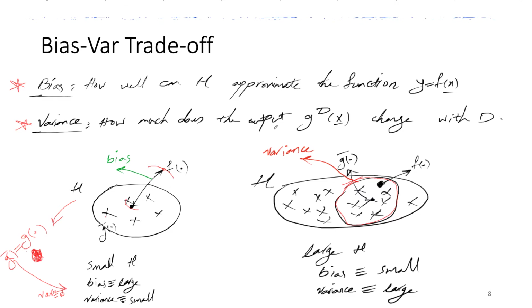In this case, your g is very likely to be close to f because you have a larger area here. But on the other side, your variance would be large, and it's the size of this region. Okay, is that clear?